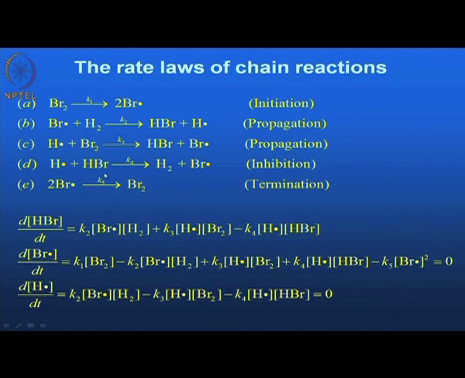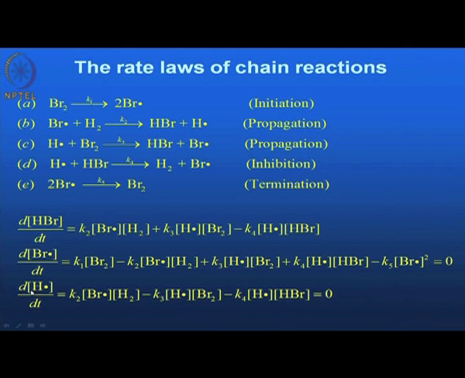Then here Br dot is again produced, although this is an inhibition step, but Br dot is produced. So, therefore, K4 H dot HBr with a positive sign, and it is the termination step. So, Br dot is used up, therefore, K5 with a negative sign into Br dot whole square. So, you have to apply this equal to 0 for your steady state approximation.